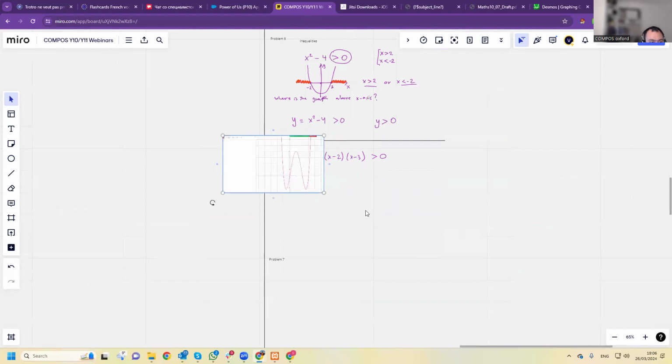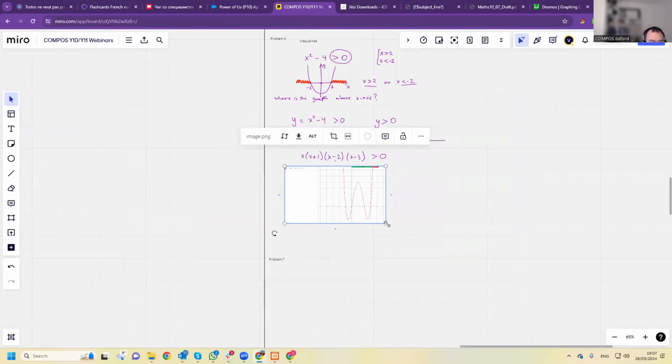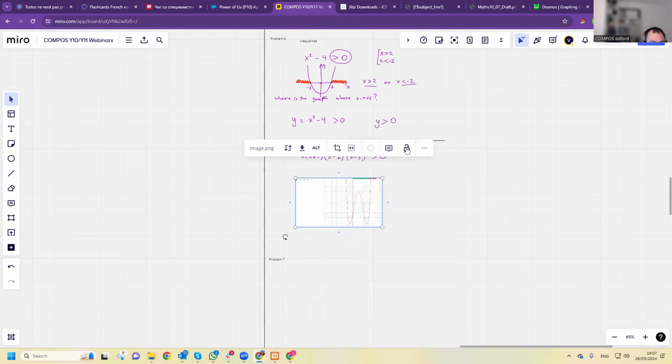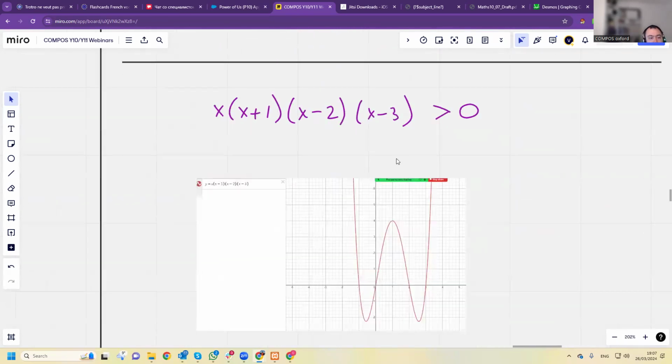So if I ask you now, can you solve this inequality? What's the answer? It's above the x-axis.